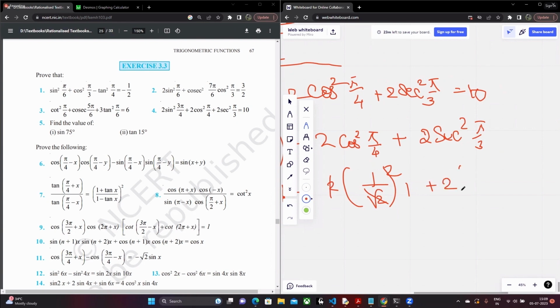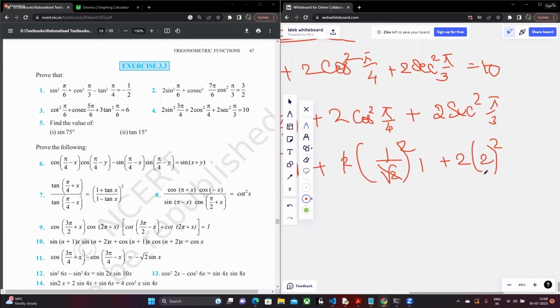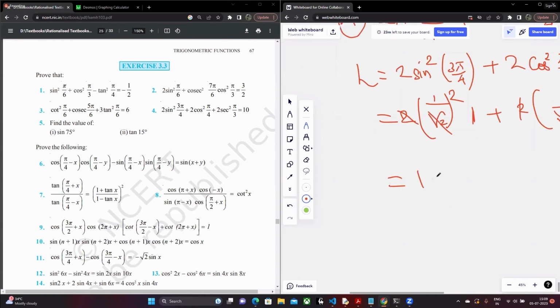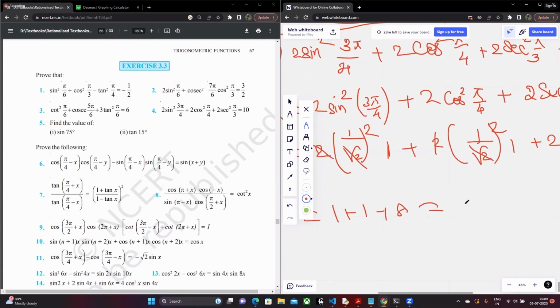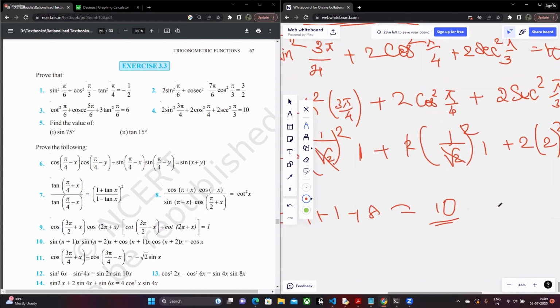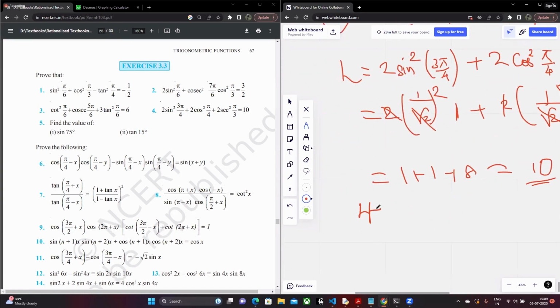Plus this is 2 times 2 the whole square, which is basically 1 plus 1 plus 8, because this is basically 2 cubed, and 2 cubed is 8. This is equal to 10, which is the right hand side expression. Therefore, you can state that LHS is equal to the RHS. Therefore, you have this statement.